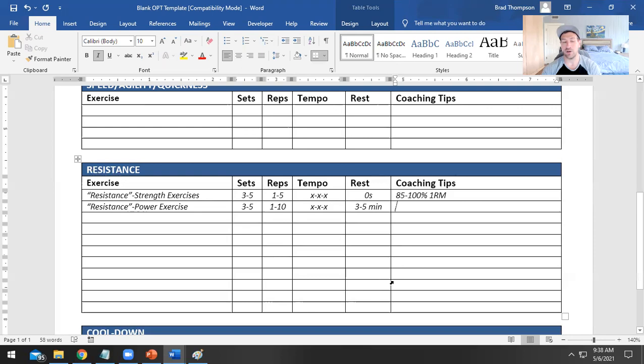85 to 100% of your 1 rep max on the strength movement, and then 30 to 45% of your 1 rep max for your power movement, or up to 10% body weight. So you've got 2 options here. One of the classic versions of contrast setting was actually not doing 2 different exercises.